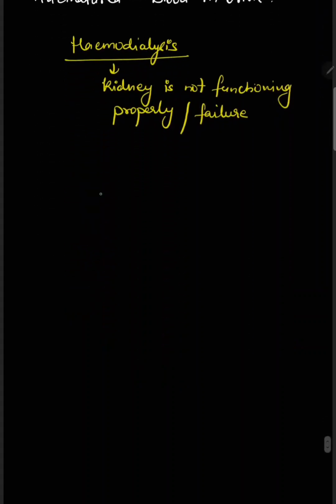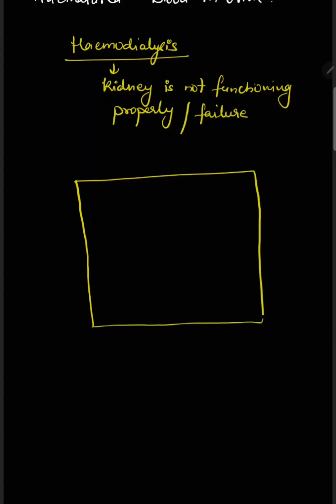What happens is when the patient is taken to the hemodialysis, there is a machine which has certain fluid in it, and this fluid has exactly the same constituents as our blood plasma.